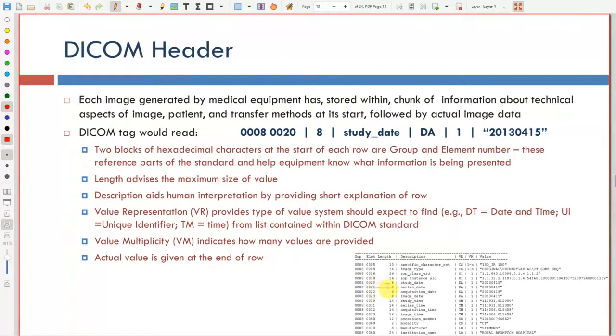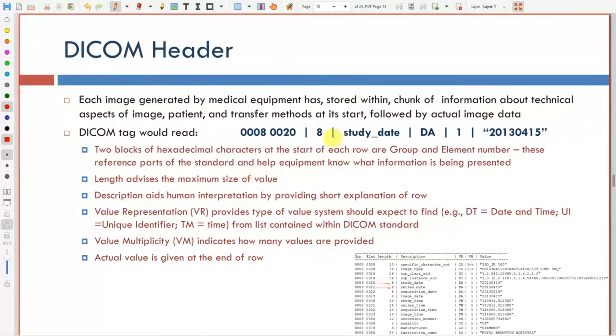And if you have 21, it's the series data, for example, or a series date, which is a little bit different, okay? So this is machine readable, but it's also nice to allow a human user to be able to understand what this stands for, okay?